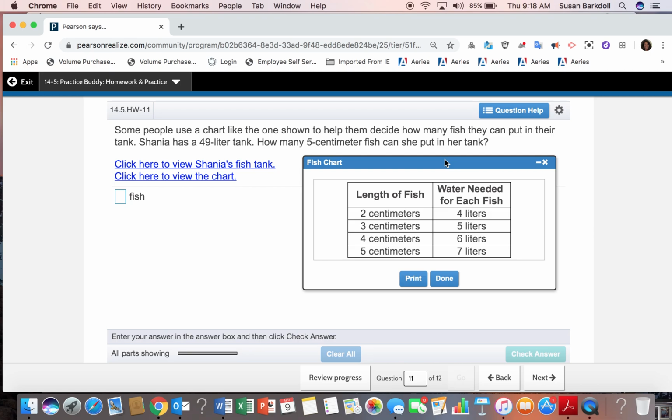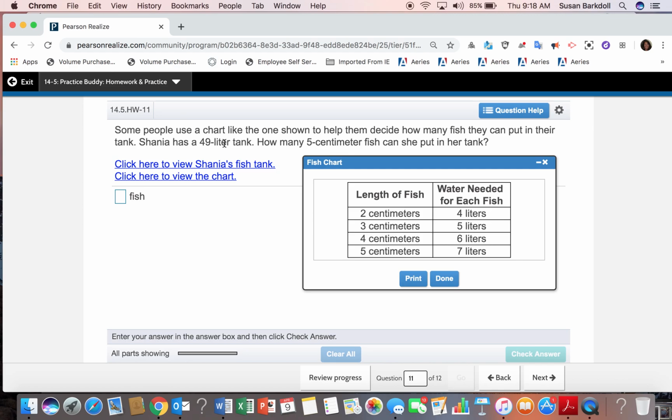Okay, this is a multiple step problem. She has a 49-liter tank. So the first thing we have to do is look at the 5 centimeters. How many fish can she put? So 7, how many 7s are in 49?